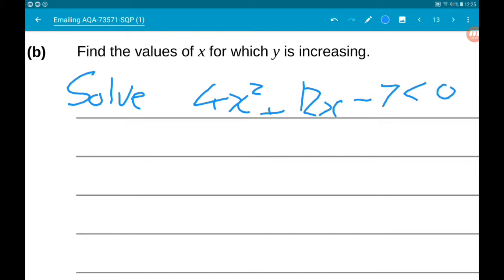So to do this, let's think of it as an equation. So 4x squared add 12x minus 7 is equal to 0. Now we're going to solve this, which is going to find us where the quadratic graph cuts the x-axis. So then we're going to be able to find our region from that.